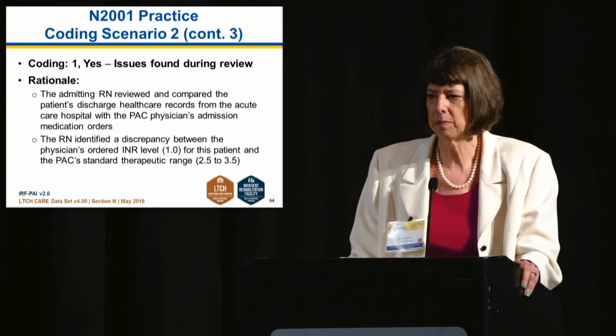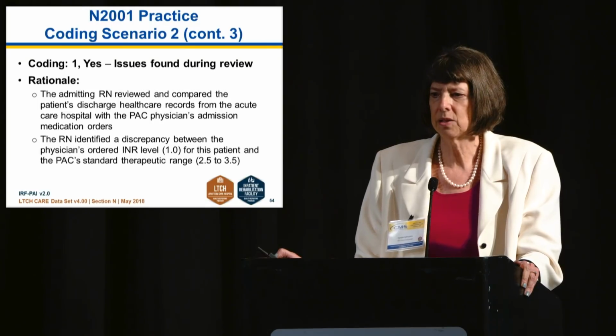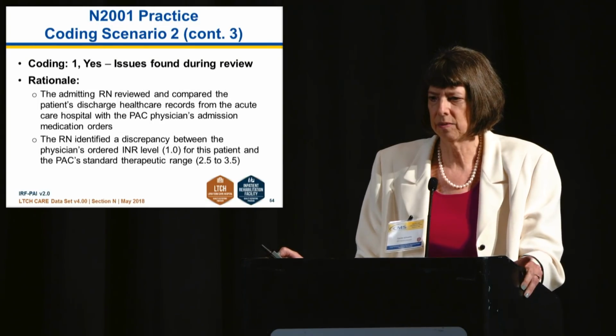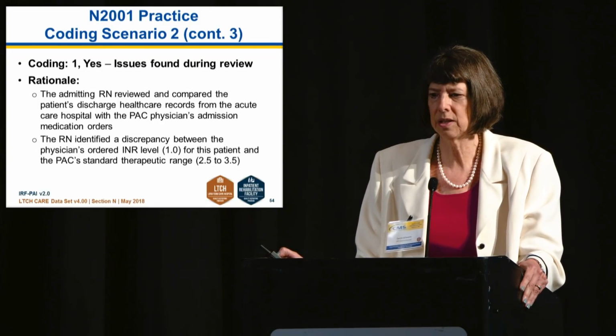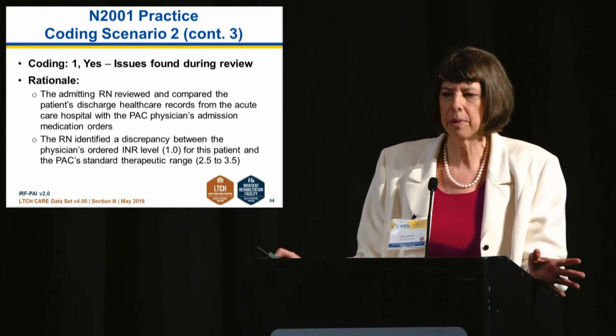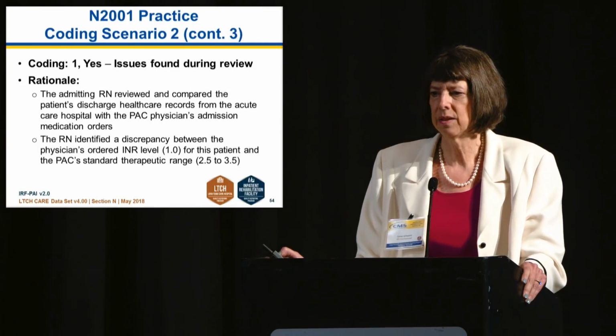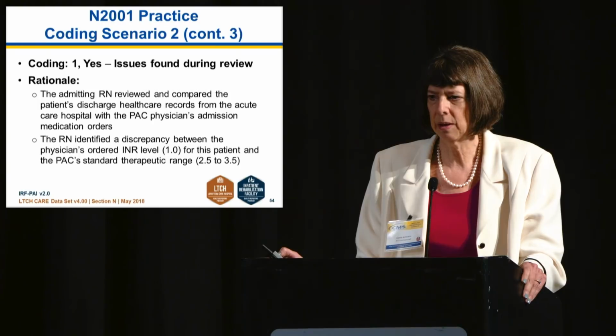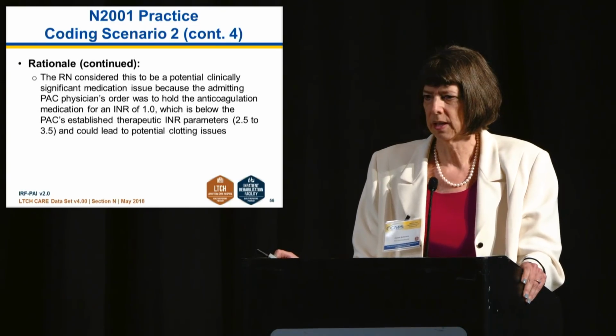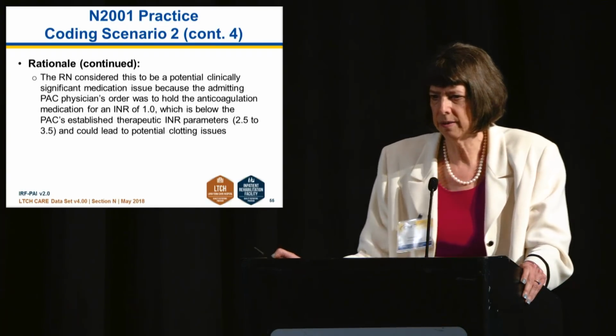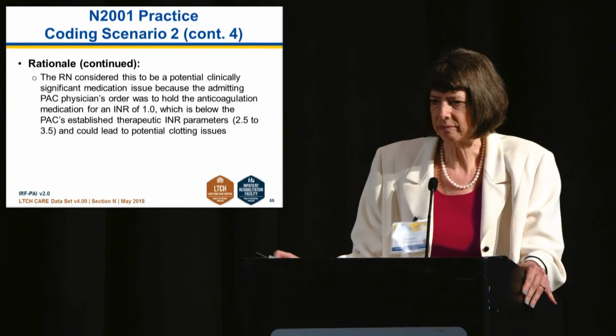That's what you do when the patient comes in. And the discrepancy was identified in terms of the INR level for this patient being discrepant from the PAC's standard therapeutic range. And of course, that would be the reason for this having been coded as you all did.